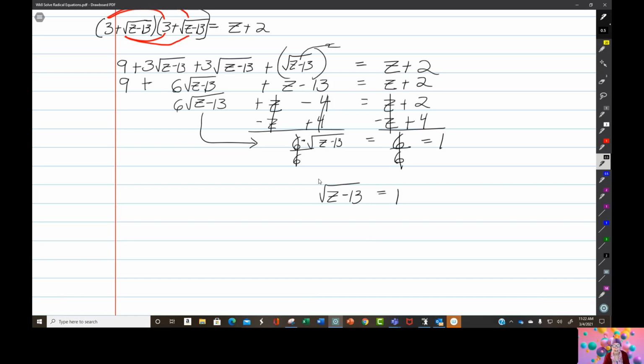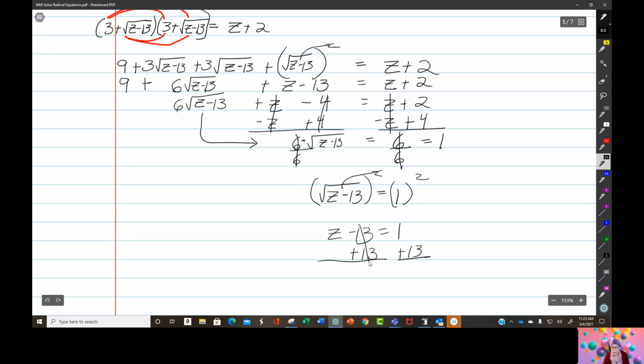And once again, I will square both sides of the equation. On the left, the square and the square root cancel each other out, leaving me with z minus 13. On the right, I have 1 times 1, which is 1. Now I'll solve for z by adding 13 and by adding 13.